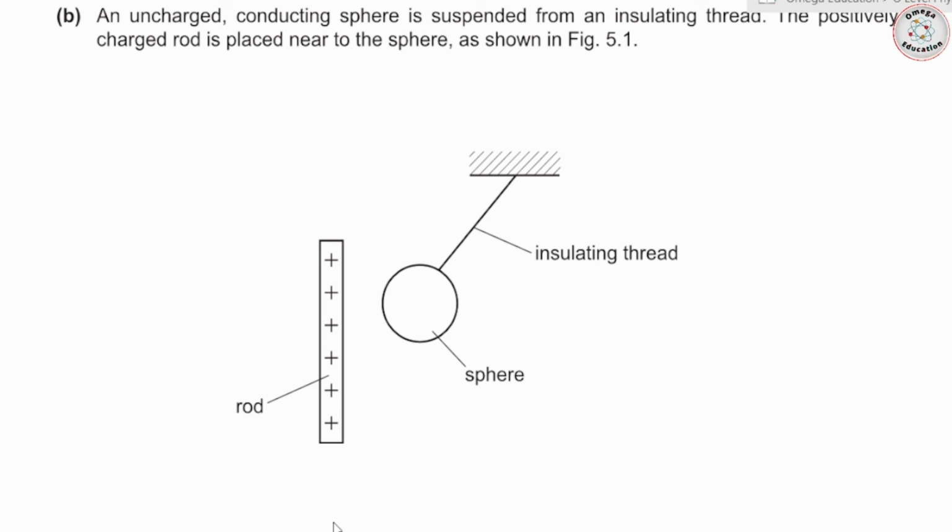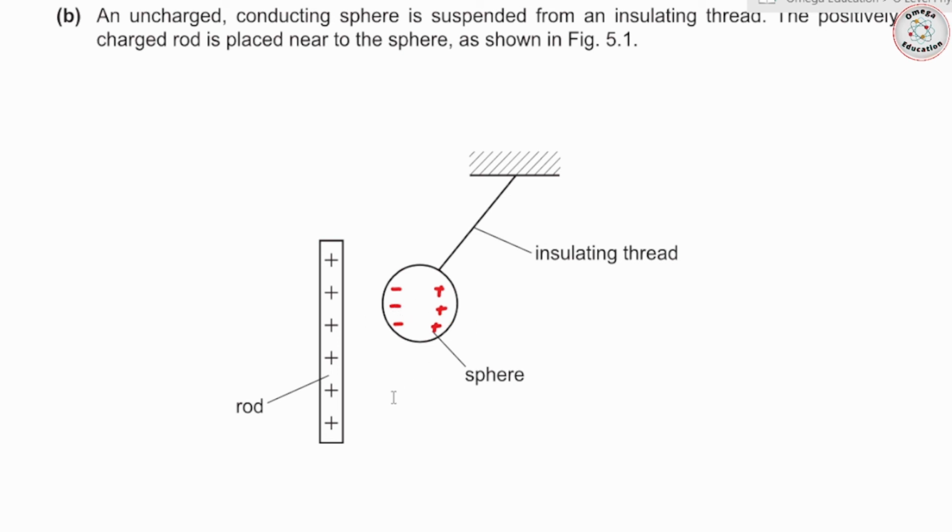Alright, so for this one, since this sphere was uncharged, the positive and negative charges would be distributed in such a way that the negative charge would be accumulated in front of the rod because unlike charges attract, and the positive charge would be accumulated on the away side.